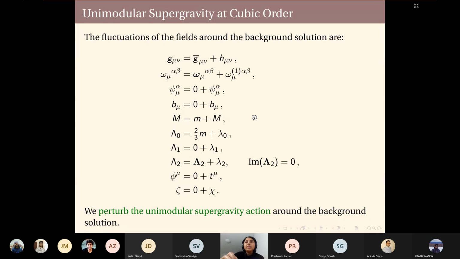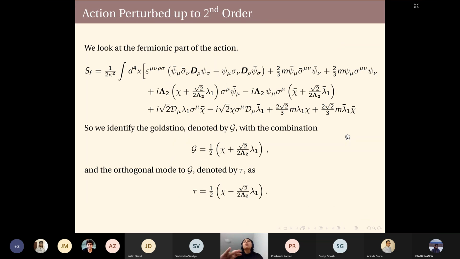There are a couple of fields which vanish in the background: the gravitino, the auxiliary vector field B mu, lambda 1, which was the spinor component of the Lagrange multiplier, and the two Stückelberg fields, phi mu and zeta. Now we plug these perturbations into the Lagrangian and write the action perturbed up to the second order in all of these fields.